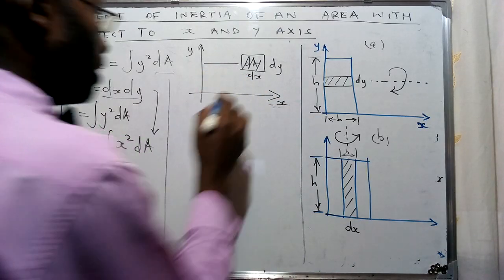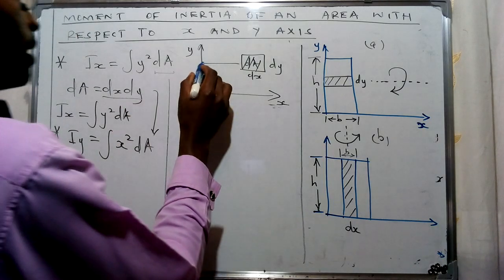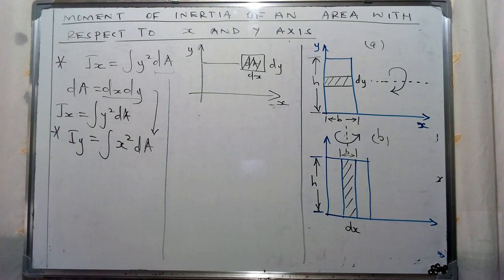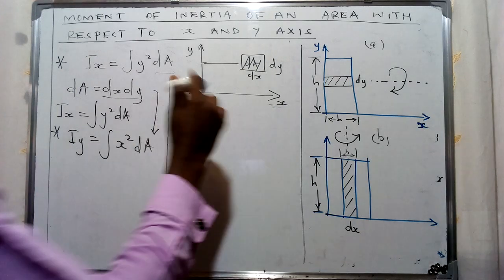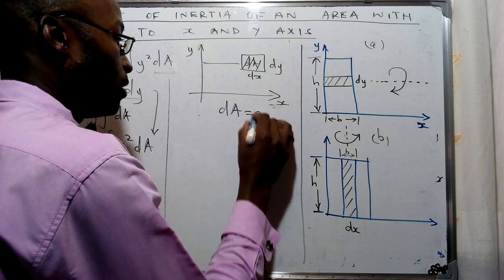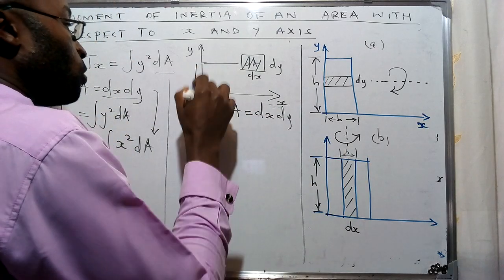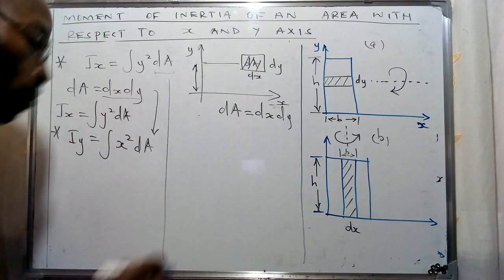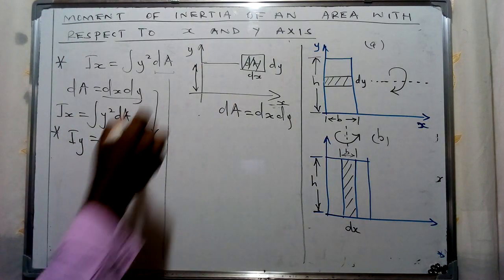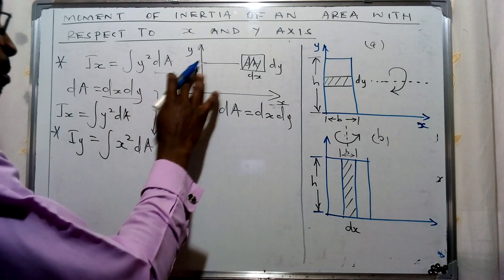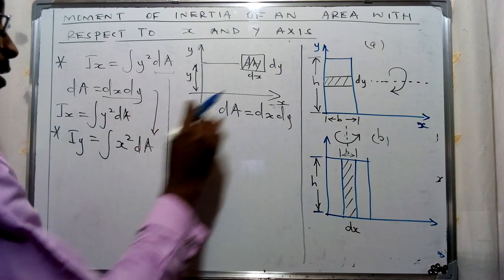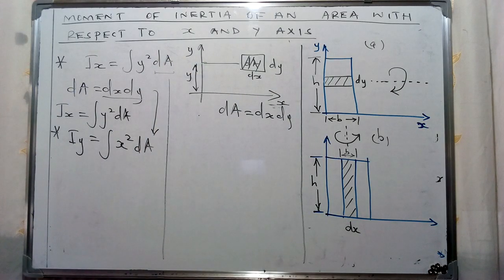So for us to consider the moment of inertia either along the x or y axis, we're going to consider that the product which we're going to have, dA, is equivalent to dx and dy, given as such. In this case, this is going to form our change in y. So sometimes we're going to give this one in terms of y, and the stretch along the x, we're going to give in terms of x.